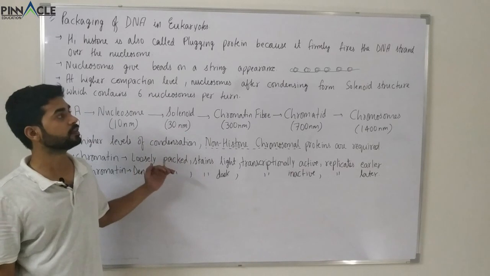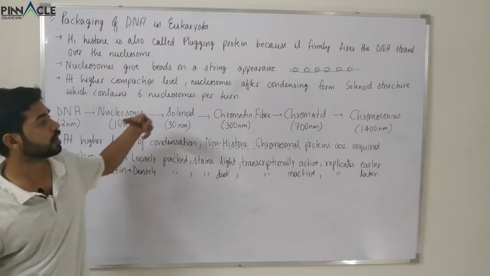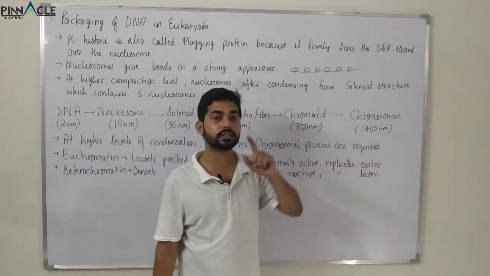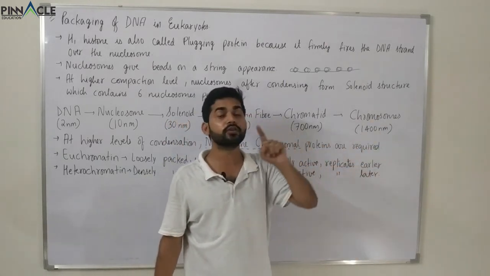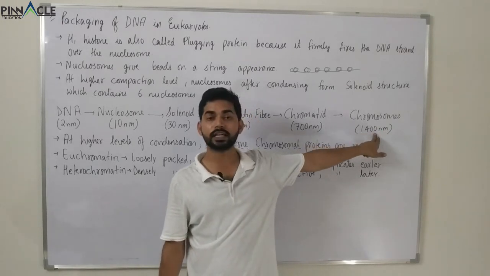So this is the main portion of the condensation of DNA. This is how DNA is packed. We had already seen that the typical eukaryotic or human nucleus was of 10 to the power minus 5 meter, and here the DNA is 1400 nanometer.